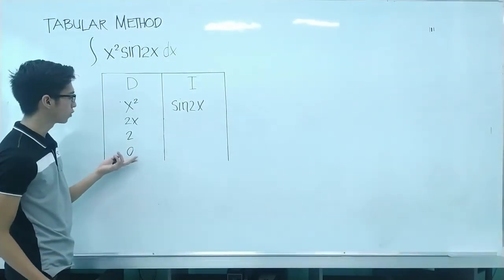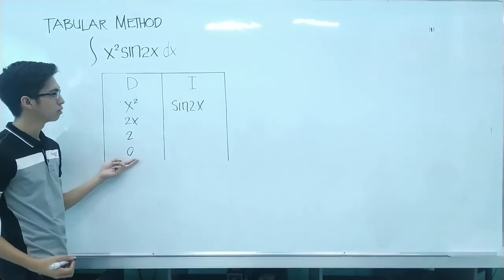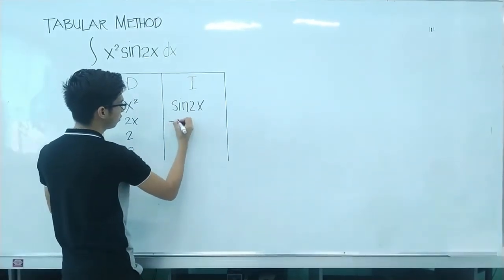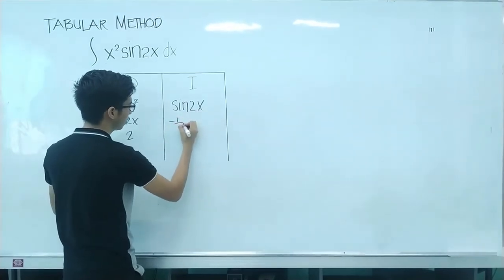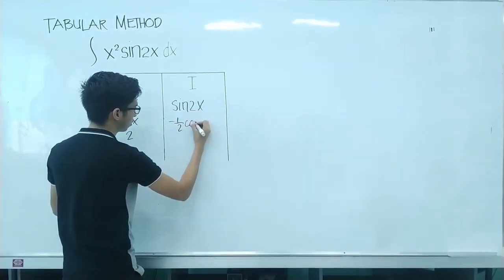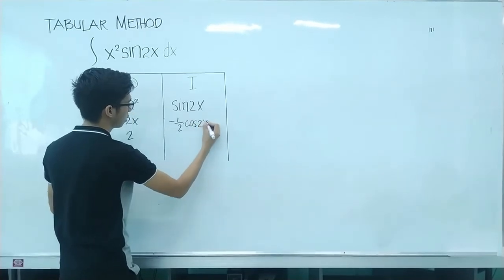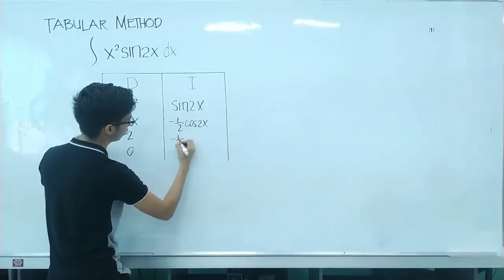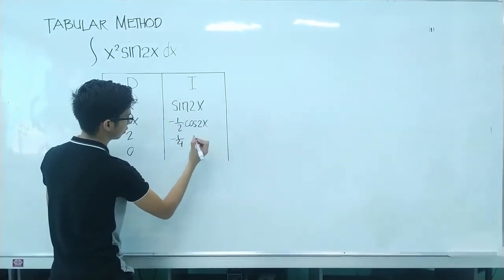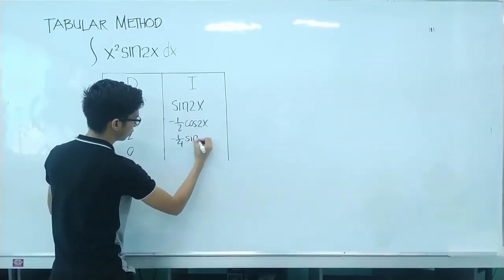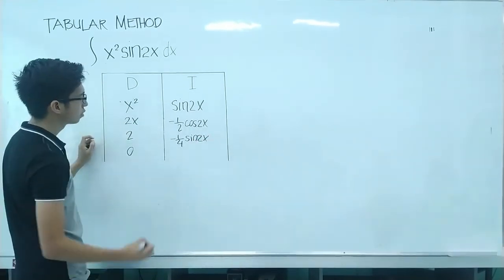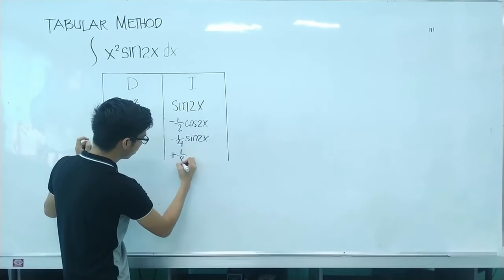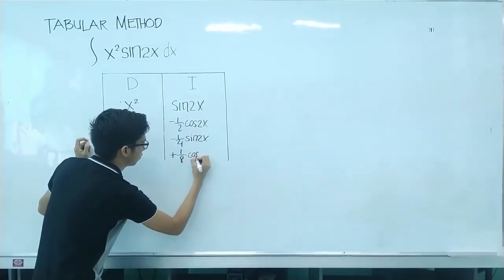Let's stop at 0 because we cannot differentiate any longer. And the integration of sine 2x is negative, take out the 2, make it 1/2 cosine 2x, and integrate again, 1/4 sine 2x, and integrate again, it becomes positive due to the same sign, 1/8 cosine 2x.